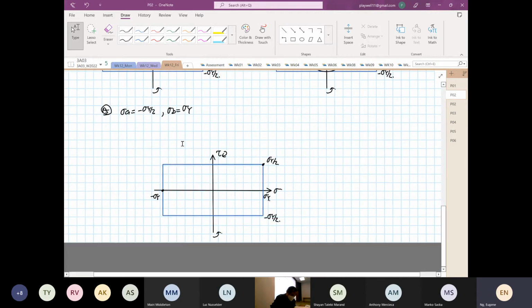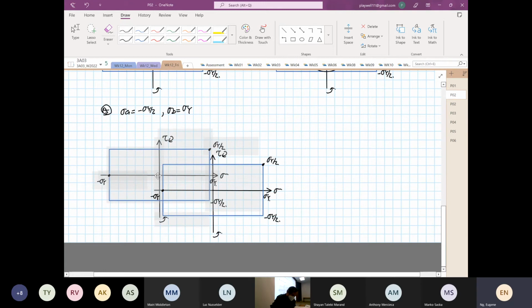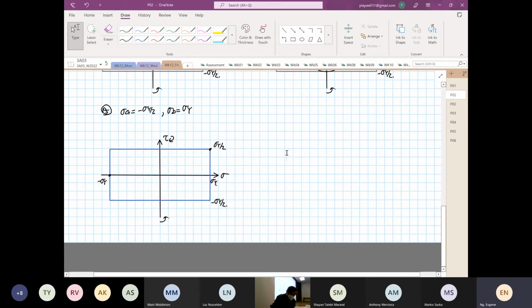So now when we construct the Mohr circle, something interesting happened. So we know that stress A is over here. Stress B is over here now. Right? Stress B, come on, Eugene. Stress B. Okay, it's over here.